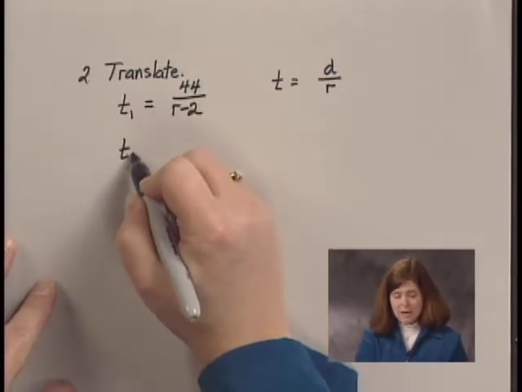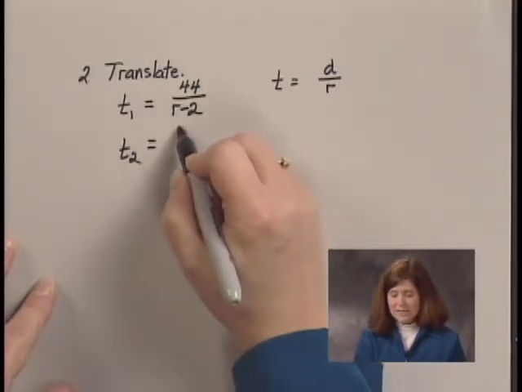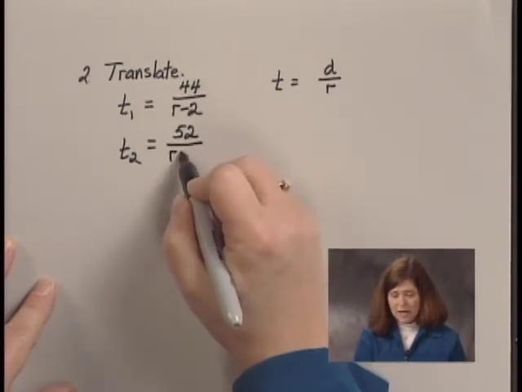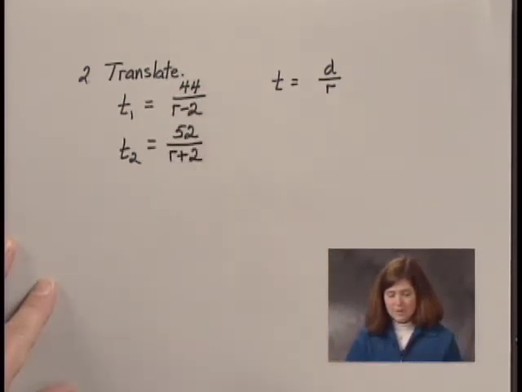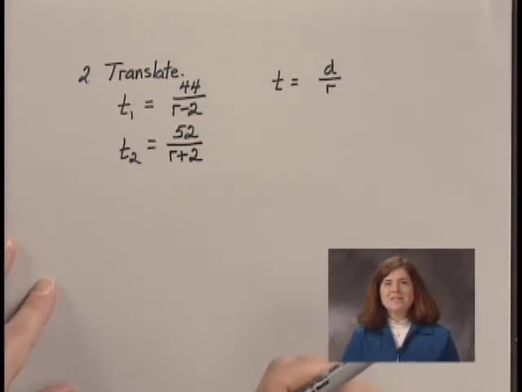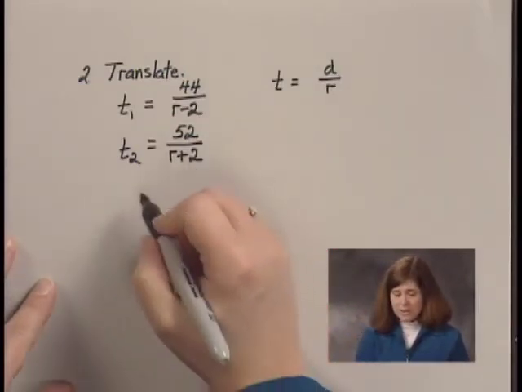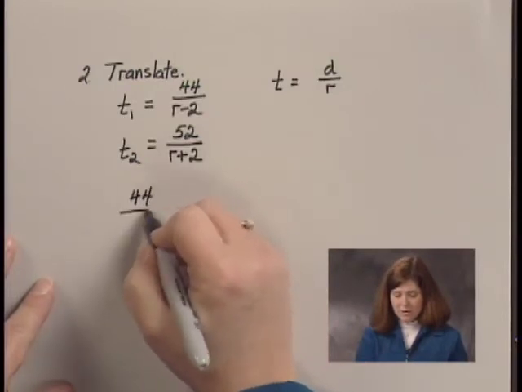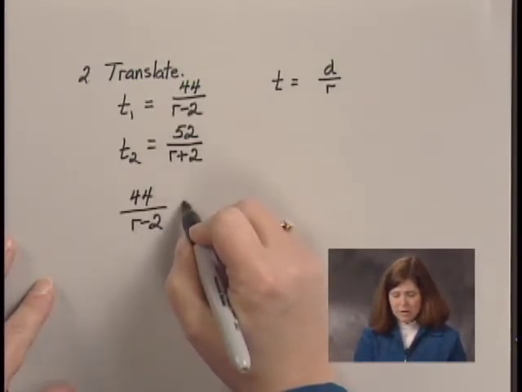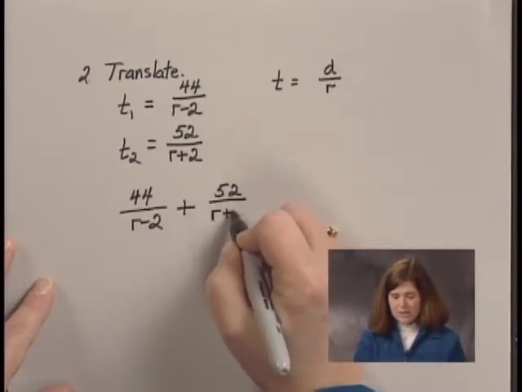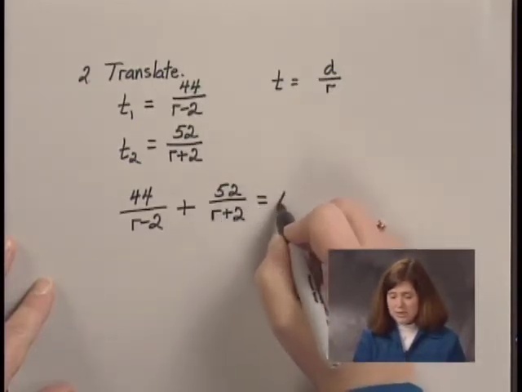The second time, the time downstream, is the distance downstream divided by the speed or the rate downstream. Now, the key to the translation is that these times add to 4 hours. So I can write 44 over r minus 2 plus 52 over r plus 2 equals 4.